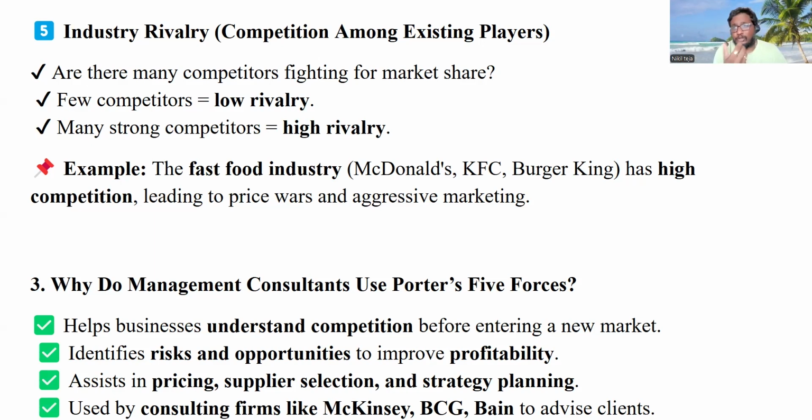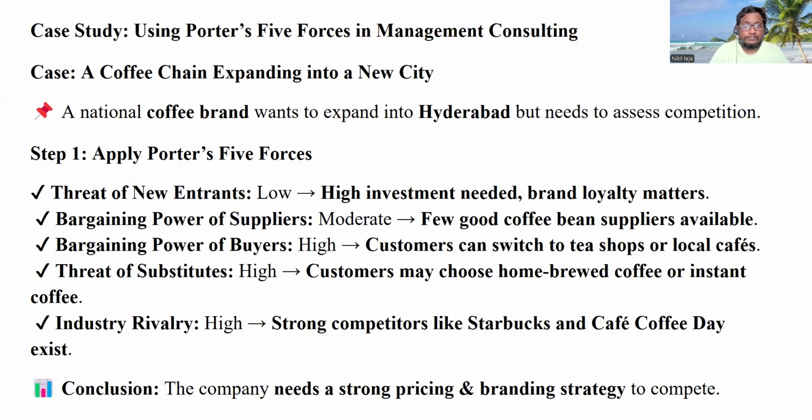Based upon these five forces, we can do pricing strategies, select suppliers, and do strategy planning and all those things. You understood, right? Basically, these five forces are used to analyze your competitors, as simple as that. They are used in consulting firms like McKinsey, BCG, Bain to advise clients, as I said, in MBB companies.